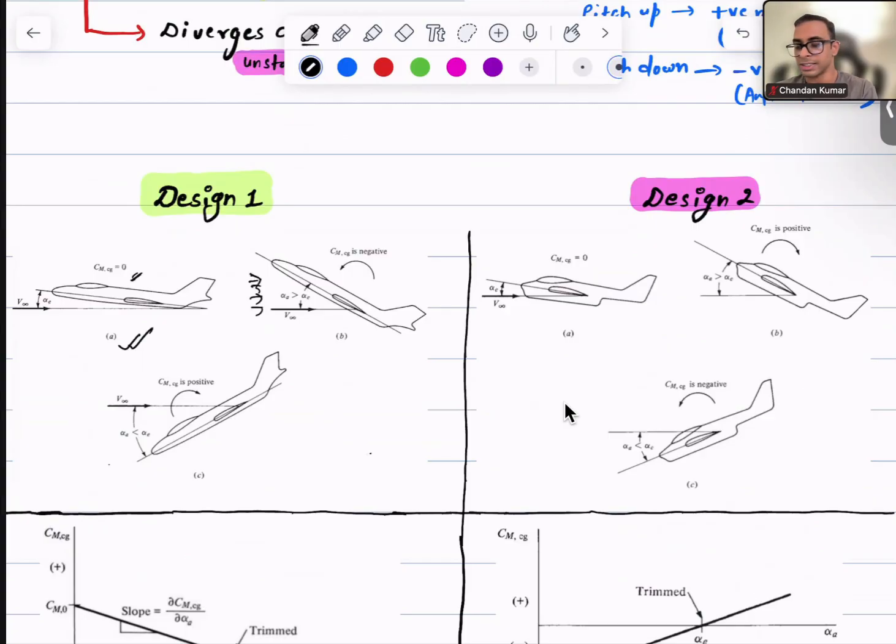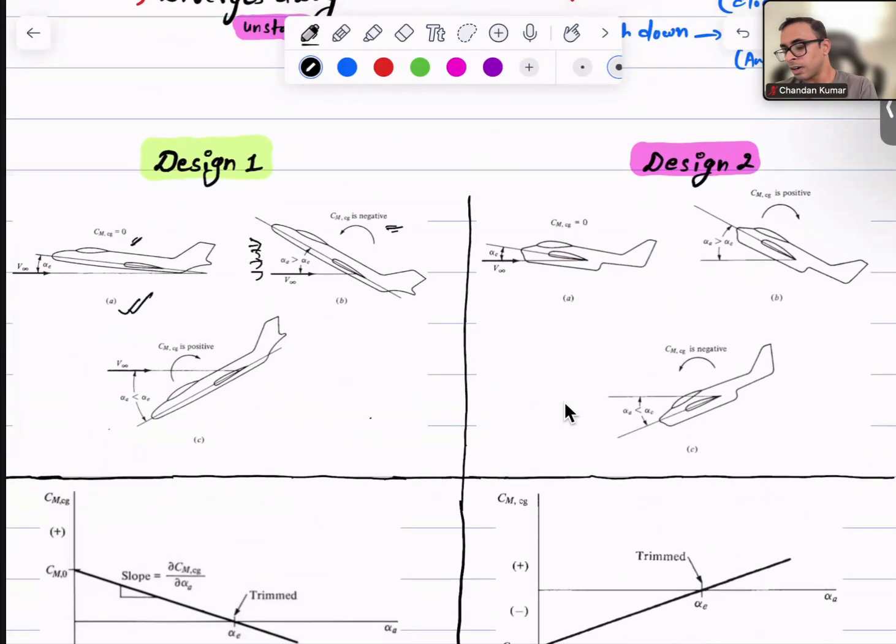In that situation, the airplane creates a negative moment, restoring it back to its original trimmed condition. Or if this gust of wind decreases the angle of attack, then a positive restoring moment is created that brings the airplane back to the trimmed condition. This is the design 1 scenario.